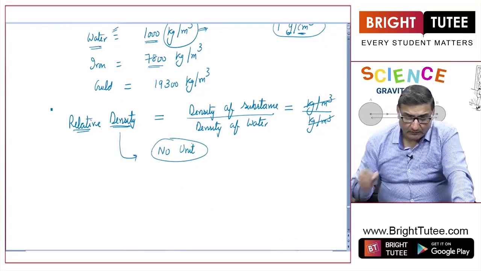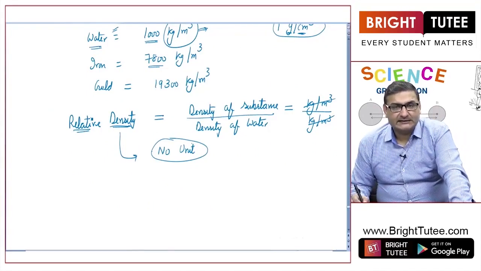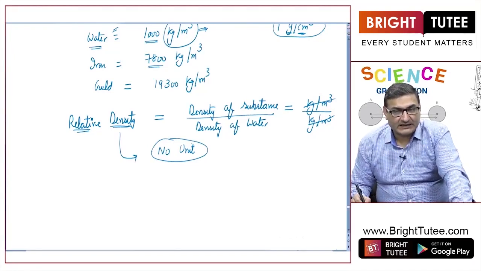Now, a very important thing that we need to remember is, in the previous topic we have studied about the buoyant force. Any liquid like water exerts an upward thrust or upward force on a particular object which is dipped into it. Now the water has a particular density that we have just seen.